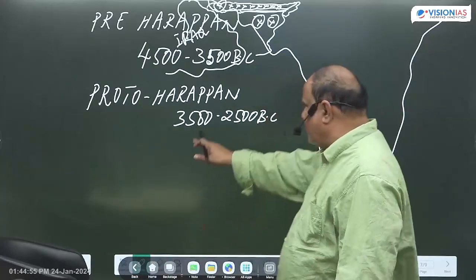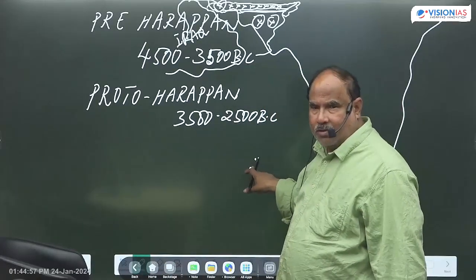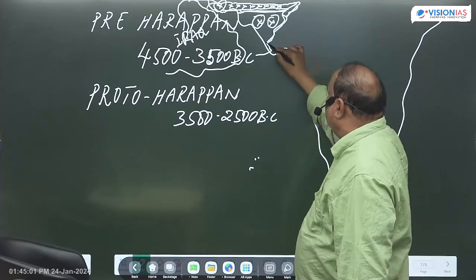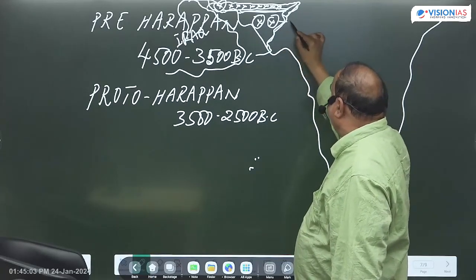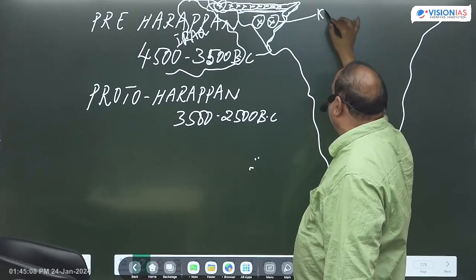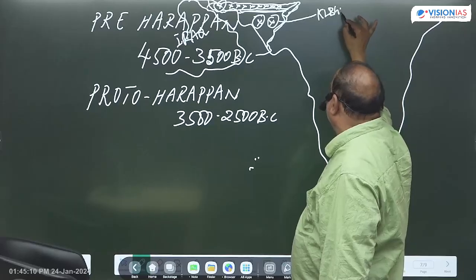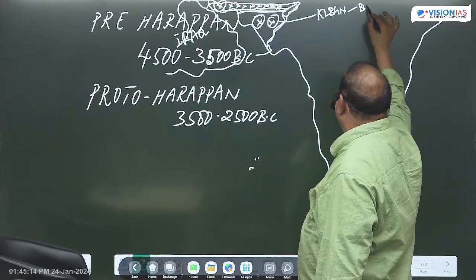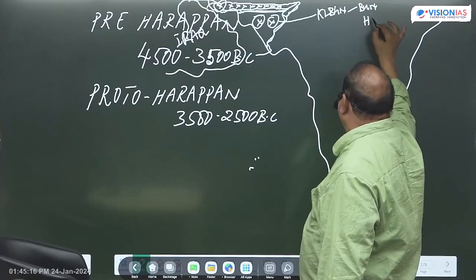In the same second stage of Proto-Harappan times, civilization crossed the border, I mean river Indus, and entered into Rajasthan. Here you have Kalibangan. From here it went up to Banwali in Haryana.